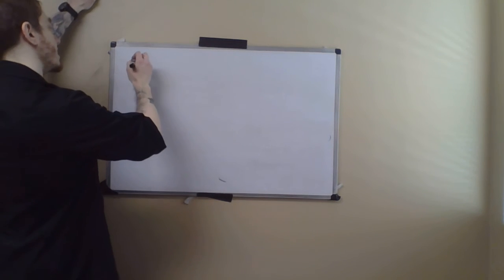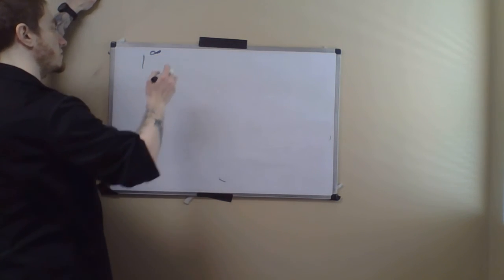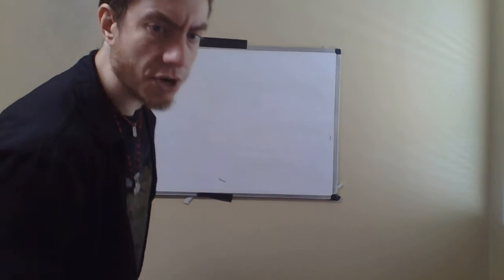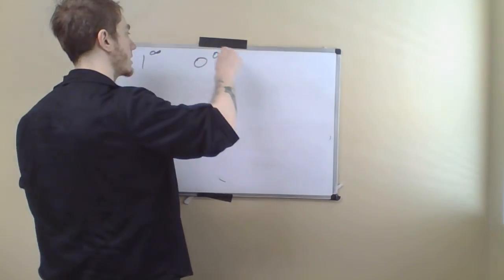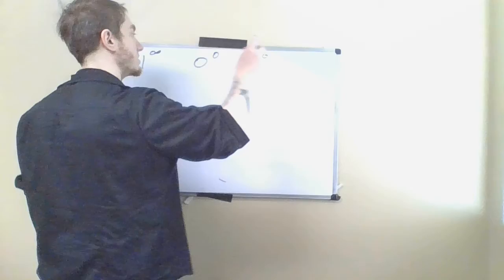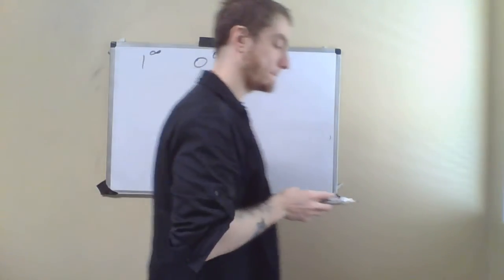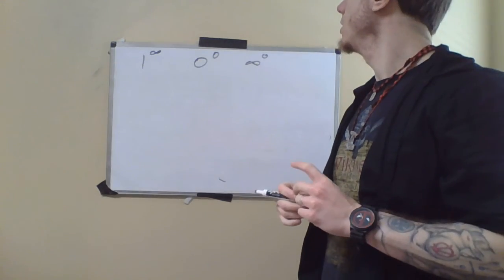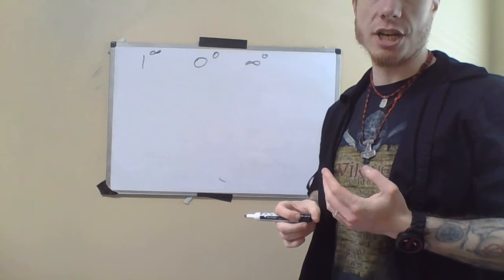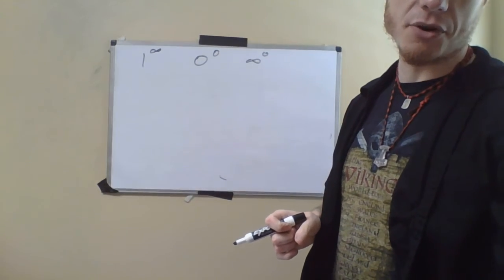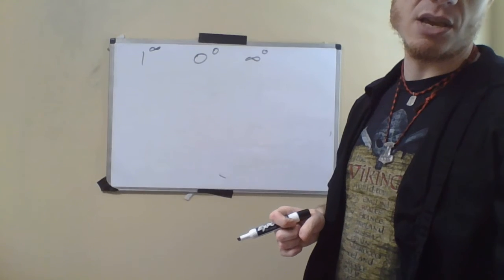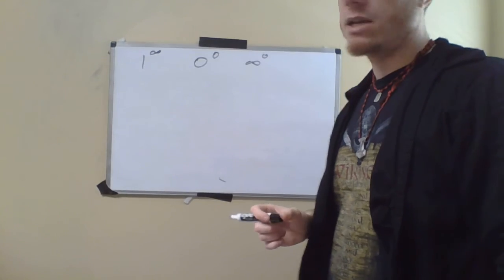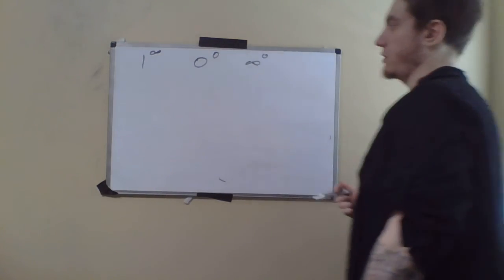Maybe we have something like 1 to the infinity, or we might have something like 0 to the 0, or we might have something like infinity to the 0. In other words, we have a limit that involves two functions, and one function is in the exponent of the other function, and the resulting limit is not in a determinate form. So how do we deal with these types of situations?